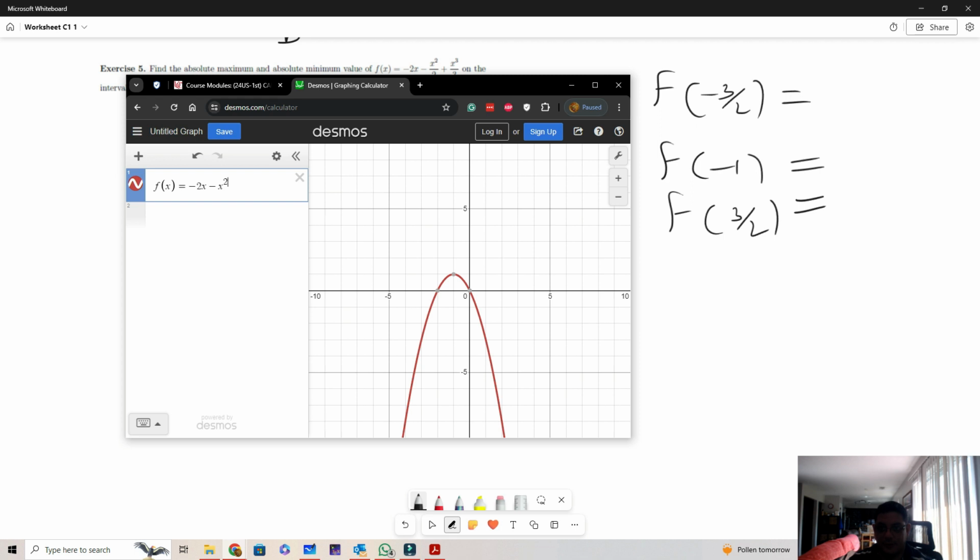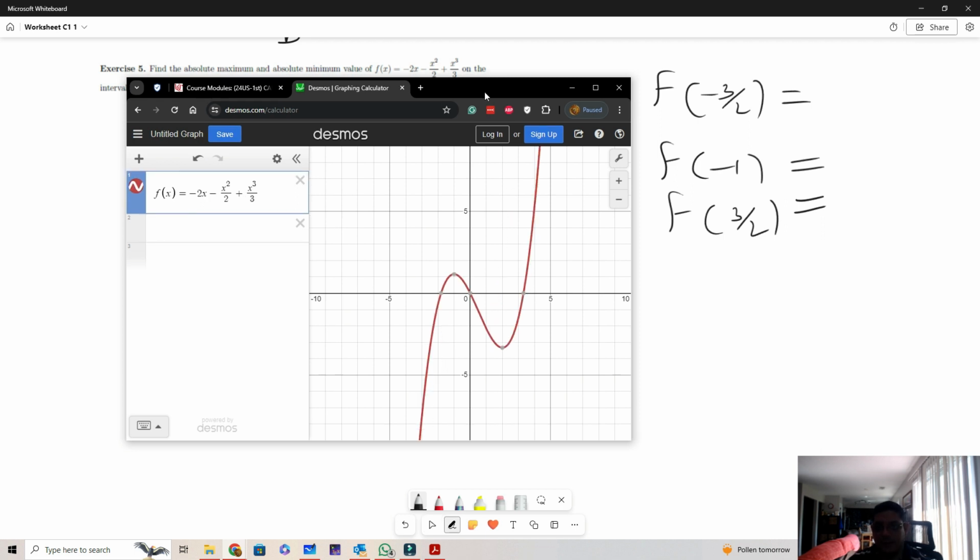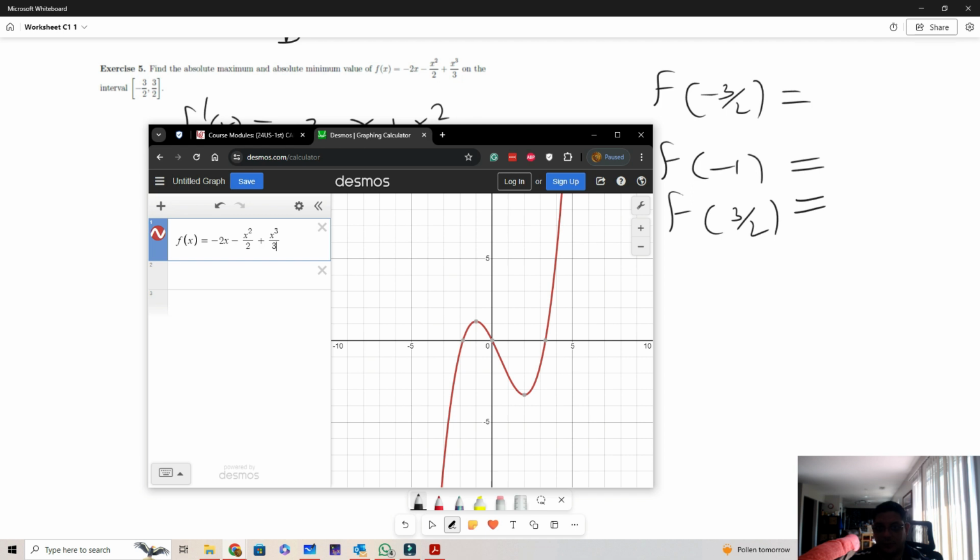But let me see what values I'm supposed to get. Okay, so I have -2x minus x squared over 2 plus x cubed over 3. And now I'm going to do f of -3 divided by 2, f of -1, and f of 3/2.